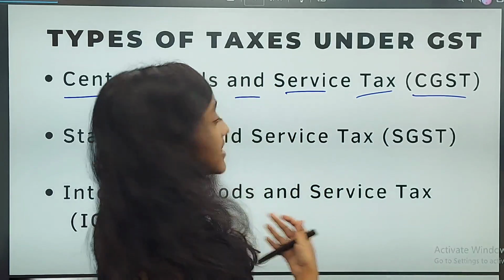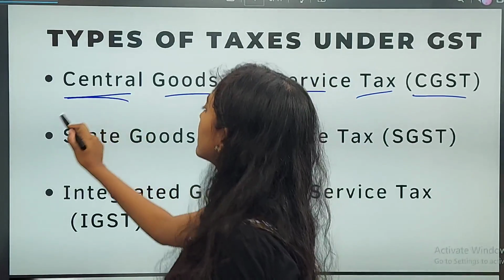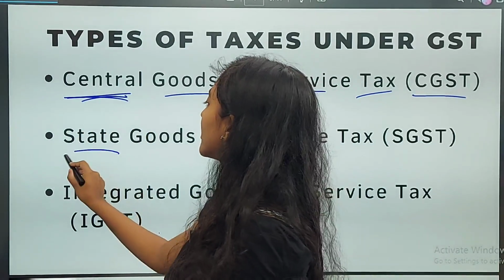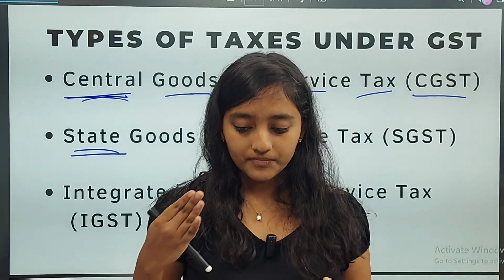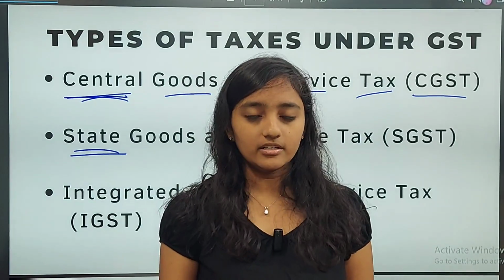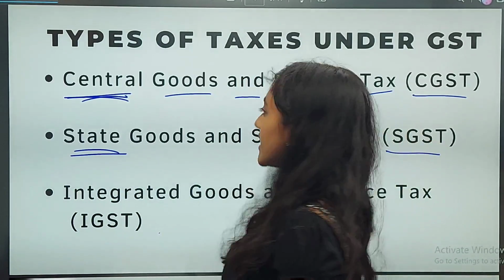So Central Goods and Service Tax is a tax which goes to the central government. It's very obvious. It's central बोले तो central government, state बोले तो state government, है ना? समझ में आ गया ना?